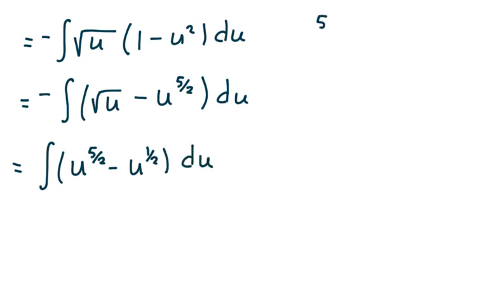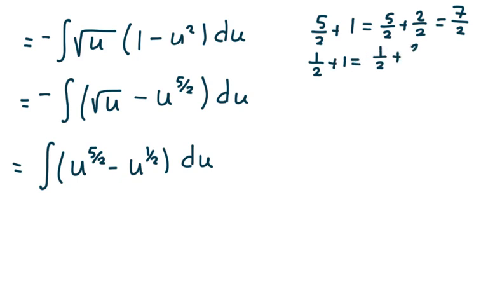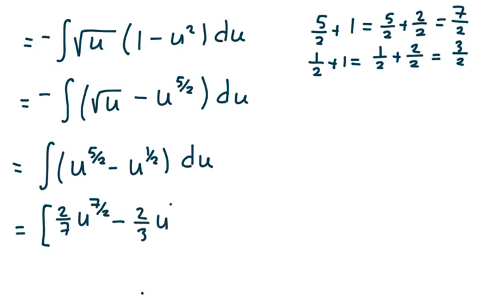Now, don't forget, 5 halves plus 1 is 5 halves plus 2 over 2, you get 7 halves. And then 1 half plus 1 is 1 half plus 2 over 2, and that's 3 halves. And so what do I get? I get 2/7 u to the 7 halves minus 2/3 u to the 3 halves plus c.